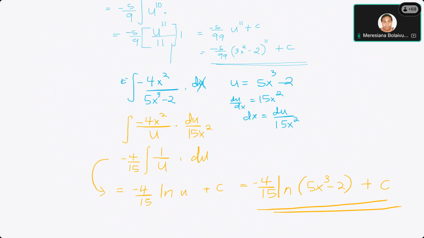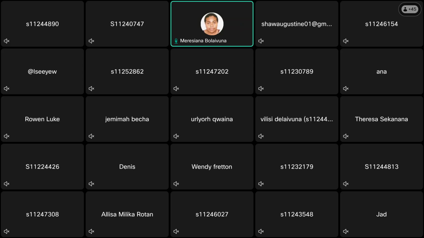Integrating 1 over u is ln u, and don't forget, final answer, you replace u with the original equation. So negative 4 over 15 ln of 5x squared minus 2 plus c. Any questions?